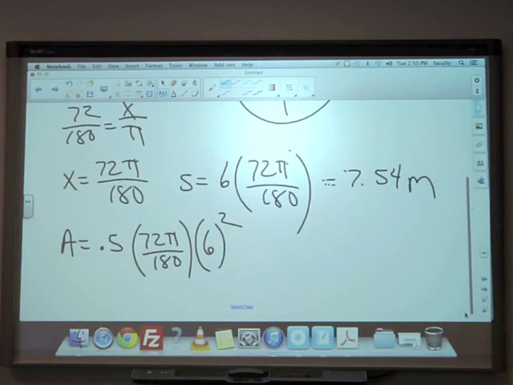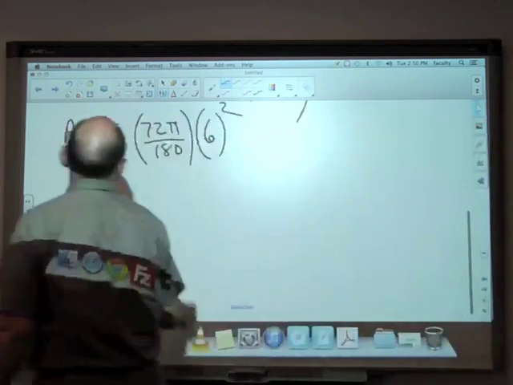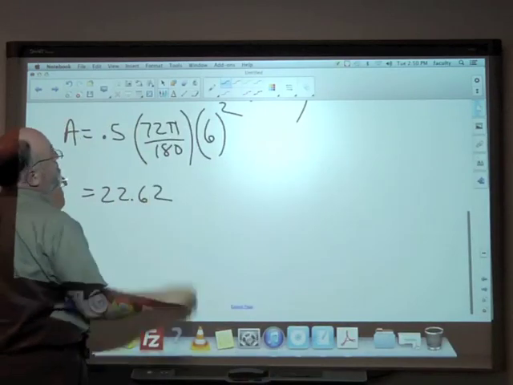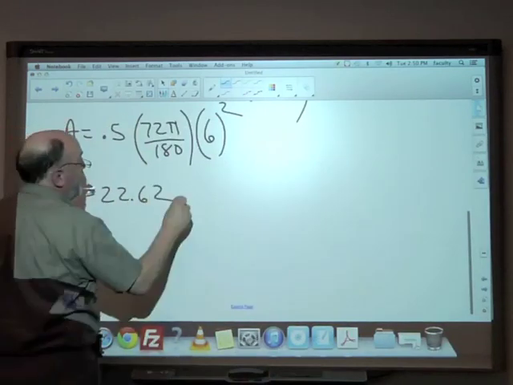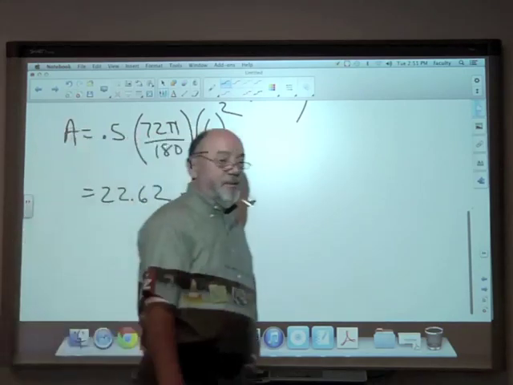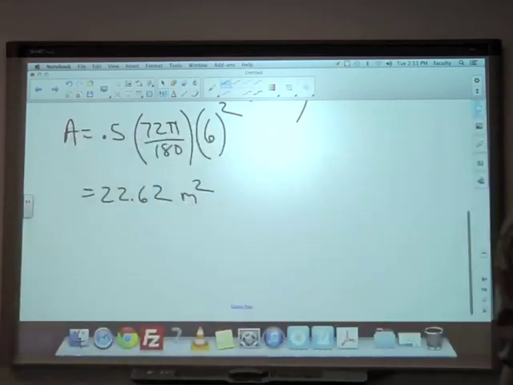We got 22.61. 22.62. Yeah. Okay. So the units here will be meters squared. Again, area is always in terms of square units, whatever those may be.